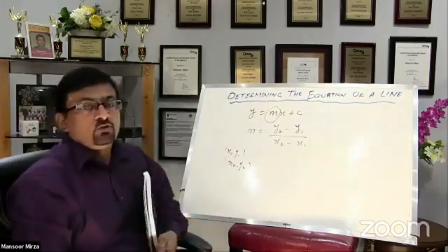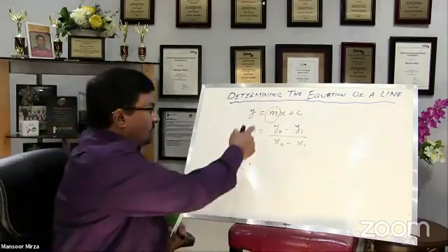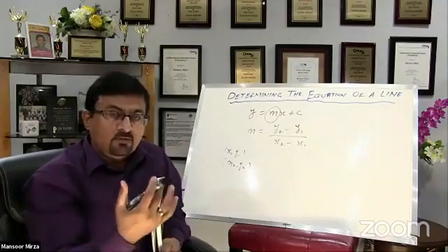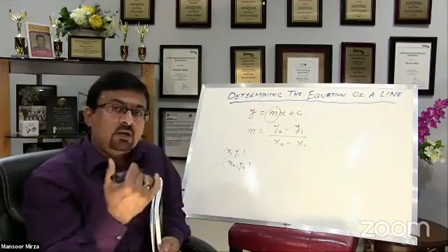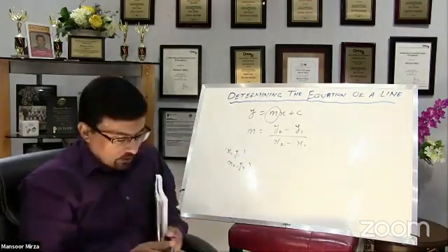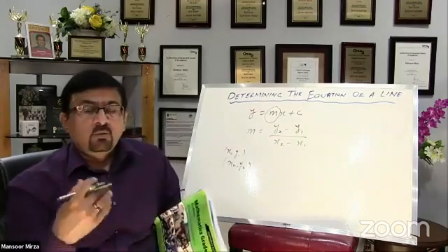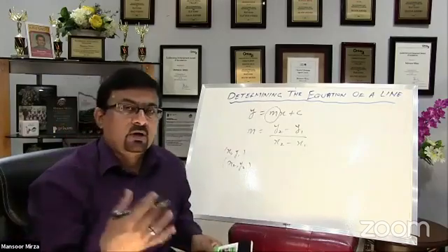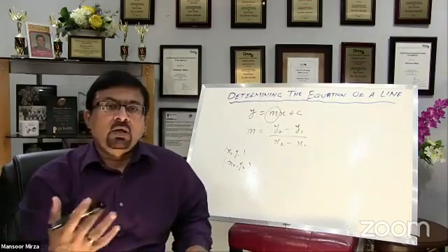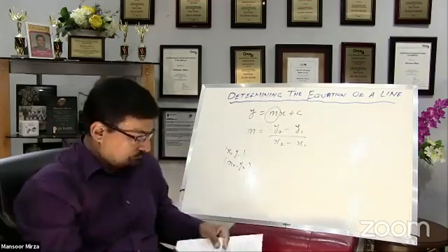Once we are given these two coordinates, we can easily find m, the ratio of the difference of the y coordinates divided by the difference of the x coordinates, and then insert the value. So whichever way we are given the information, we will calculate and work according to those numbers.